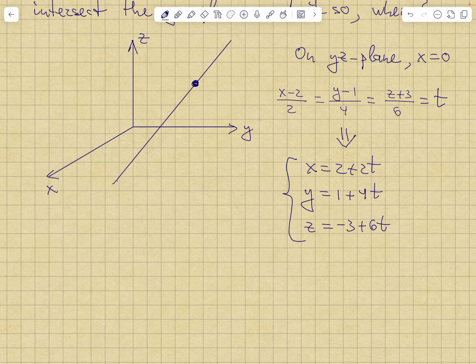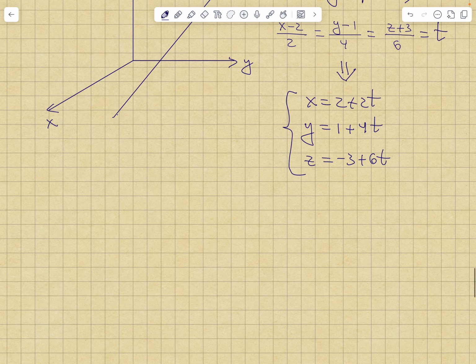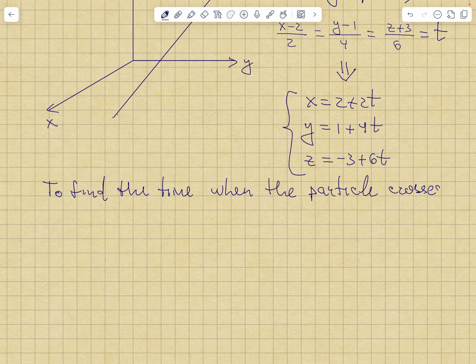Okay, so I want to see where this thing will intersect YZ plane. So I need to solve an equation to find the time when the particle crosses the YZ plane.